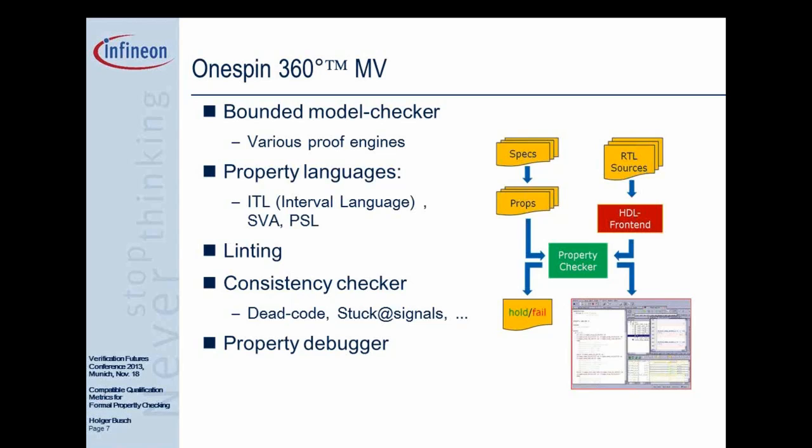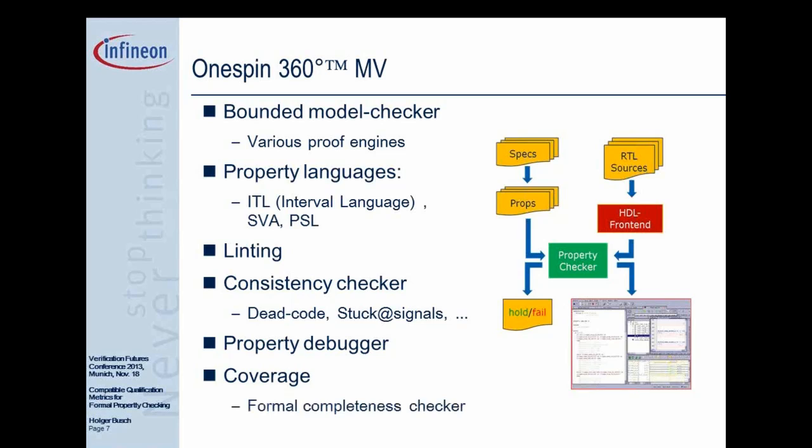Therefore, we also have quite a powerful property debugger, which has a lot of different ways of analyzing why properties fail. You get waveforms, you get annotated properties, and root cause analysis. There's quite some functionality available which really helps to debug the failure of properties. More recently, for coverage, we have the formal completeness checker.